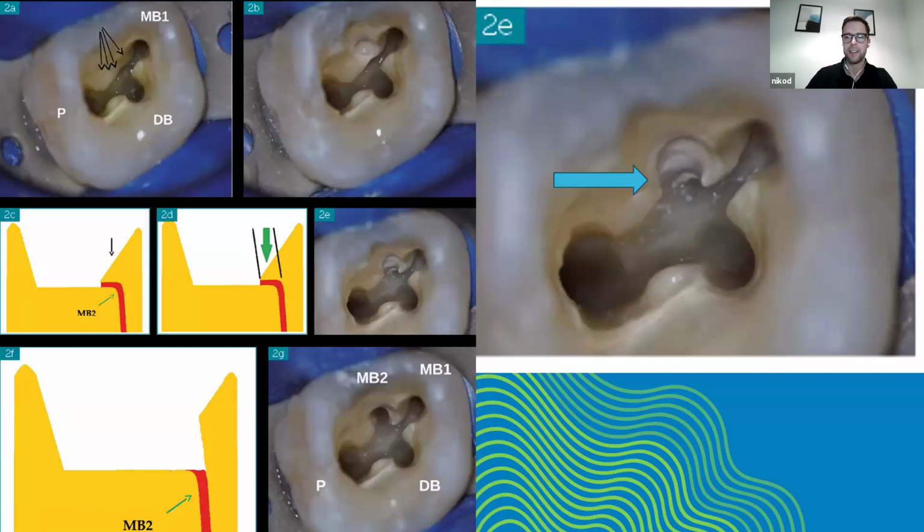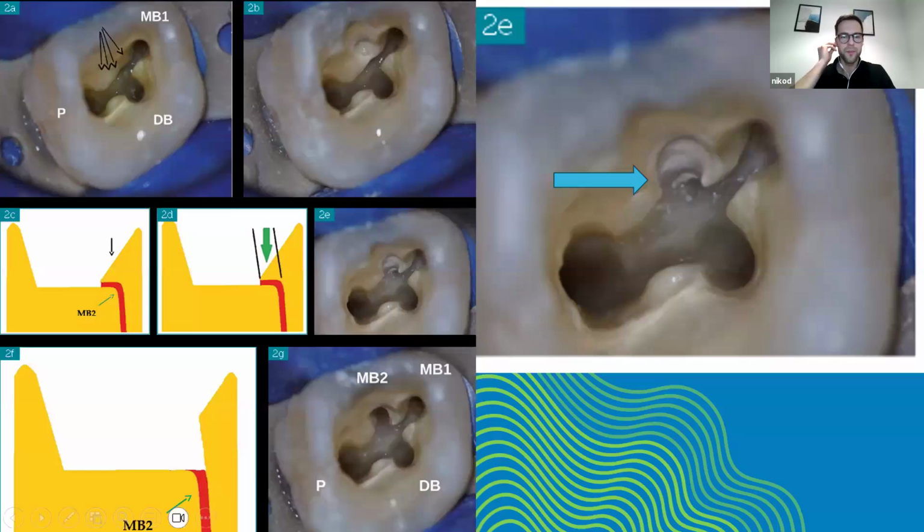But the reality is that you need to remove the dentinal shelf and find the MB2 canal, which looks like that. It's a white line which you need to shape and open.